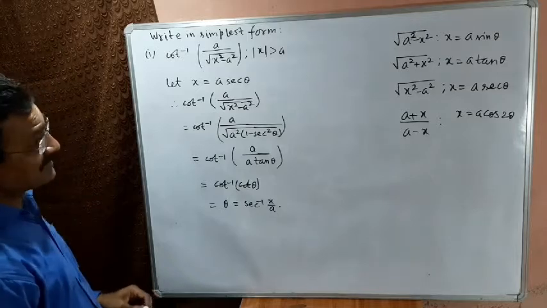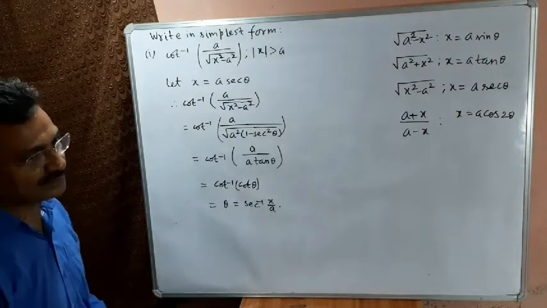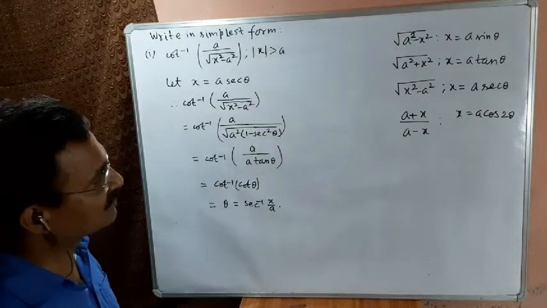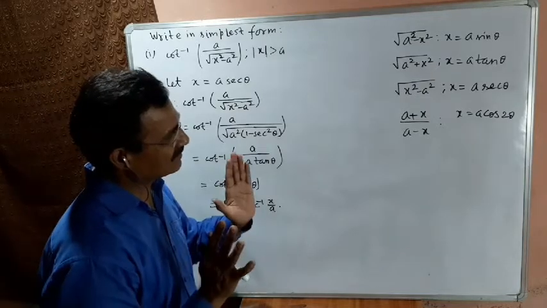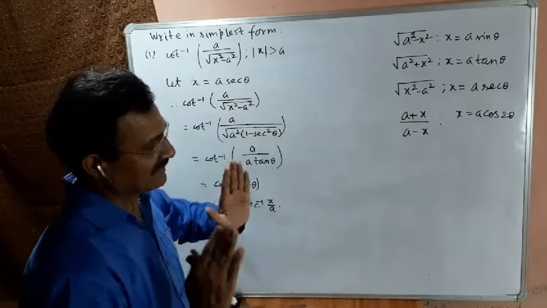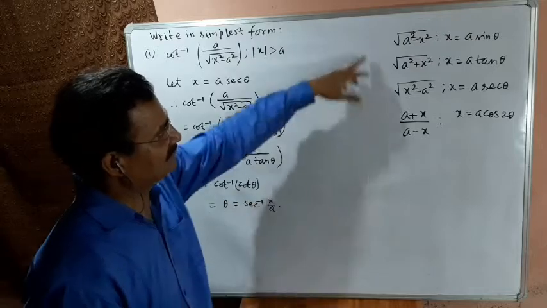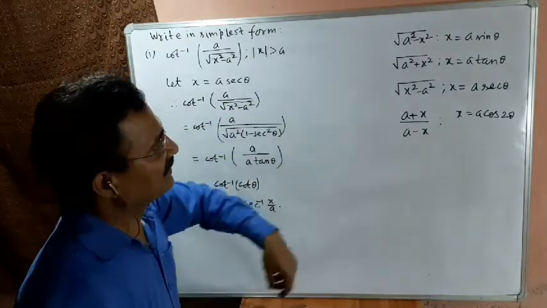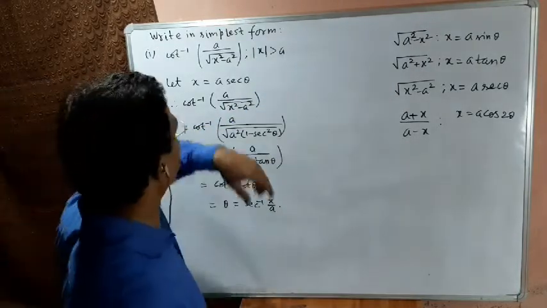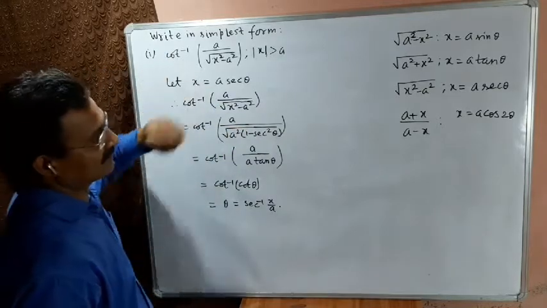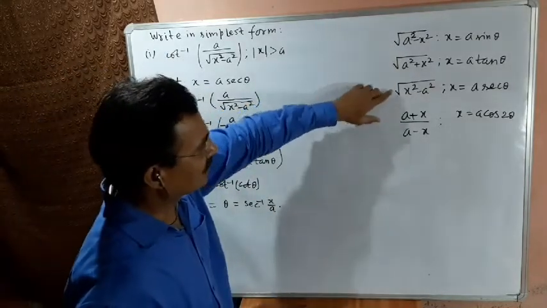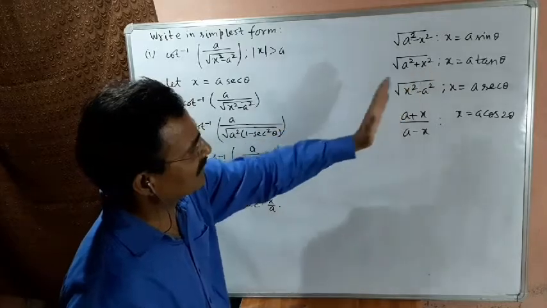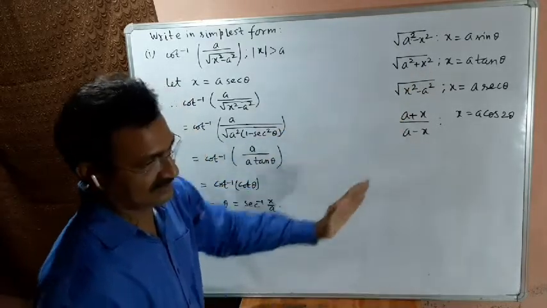So, in simplification, usually we use substitution, and for substitution, we can take help by understanding this. If in any expression of inverse trigonometric function these terms are involved, then the corresponding substitution can be considered like this.